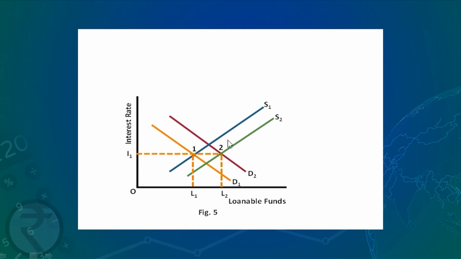So, with increased saving, the saving curve has shifted from S1 to S2 and equilibrium is at point 2, where the demand for and supply of loanable funds has increased from OL1 to OL2, but the rate of interest remains the same. So, this was the point of view given by the new classical economists regarding the change in aggregate demand and whether there will be a change in the interest rate or not.